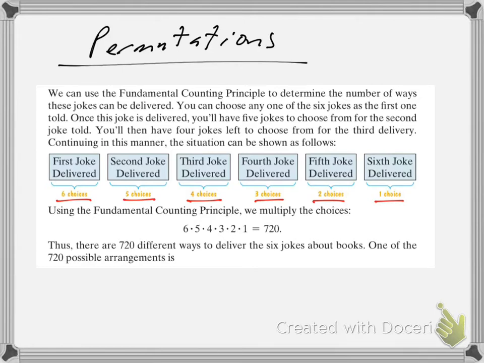That's part above this I didn't copy down. And so that tells me how many different possible ways there are to tell these jokes in different orders. There's 720 different ways to tell these jokes in different orders. Okay, so this is a way that we think about this using the fundamental counting principle.